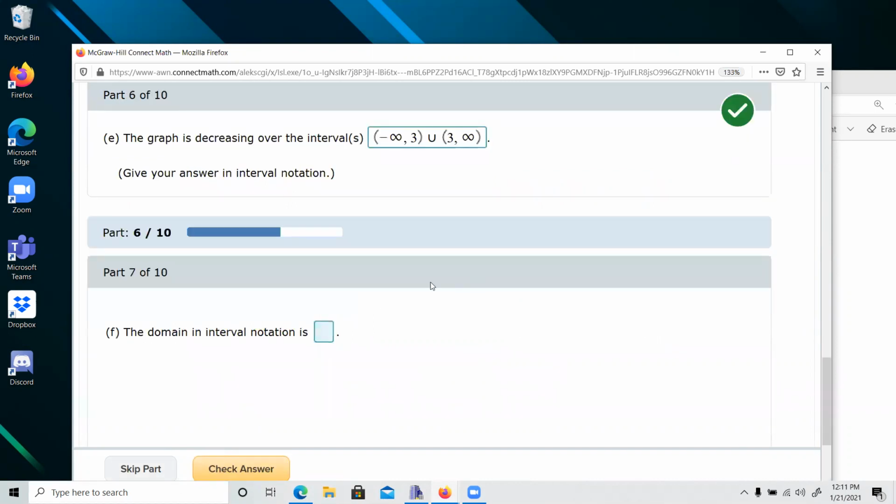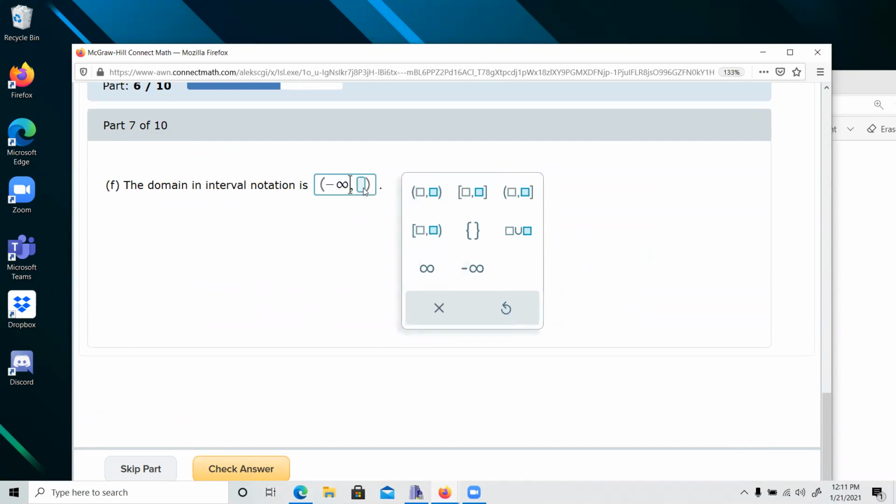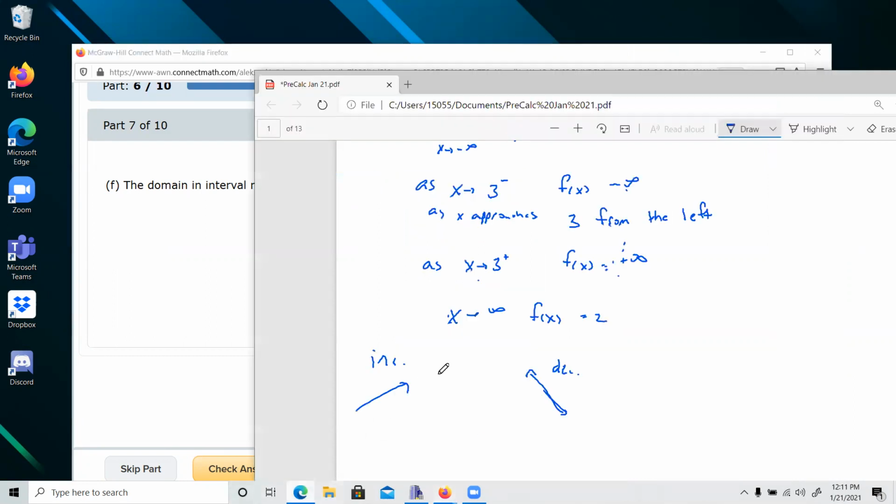It's always decreasing, except for, again, at 3. The domain in interval notation, and that's another thing. I wish we were still face-to-face, because I always tell my students there's another way to do this, right?